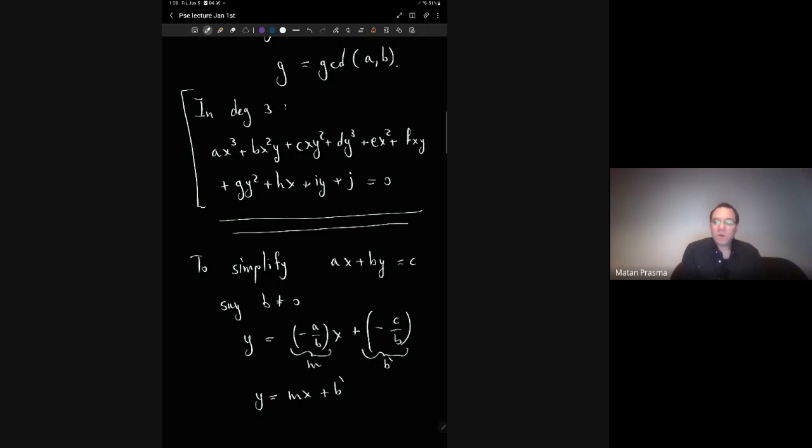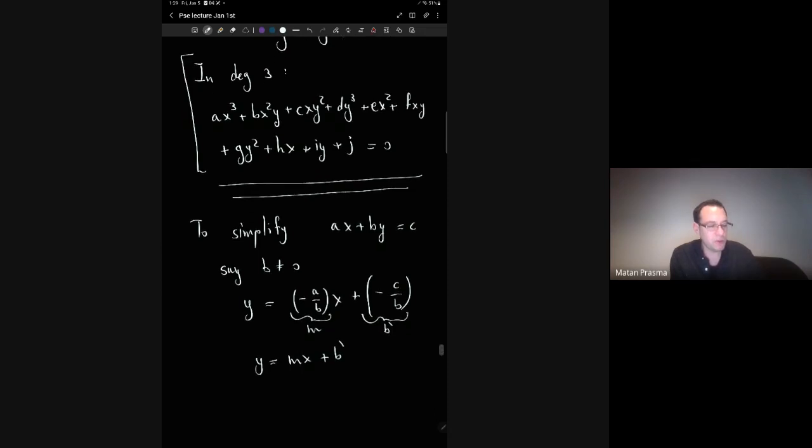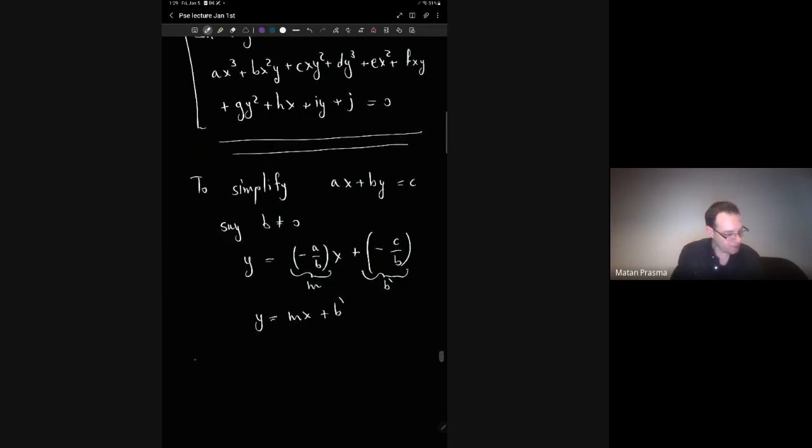And you can do similar substitutions in degree 2 and also in degree 3.